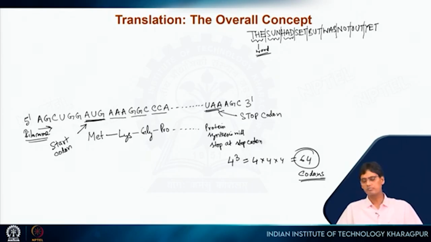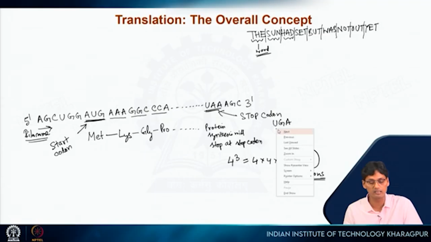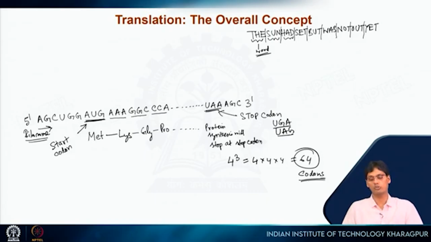Now out of these 64 codons, there are 3 stop codons. I just mentioned one here, UAA. Apart from that, 2 more stop codons are UGA and UAG. So those 3 are the stop codons. And the start codon, I already mentioned, AUG. Those 3 stop codons don't specify any amino acid.